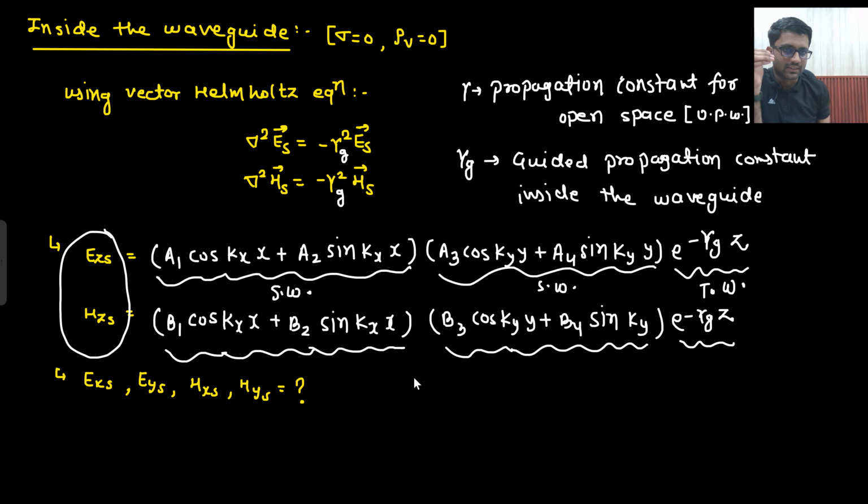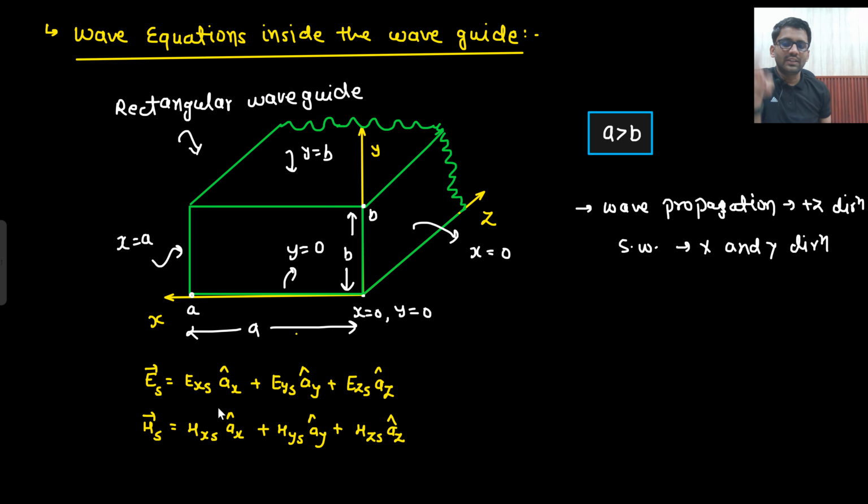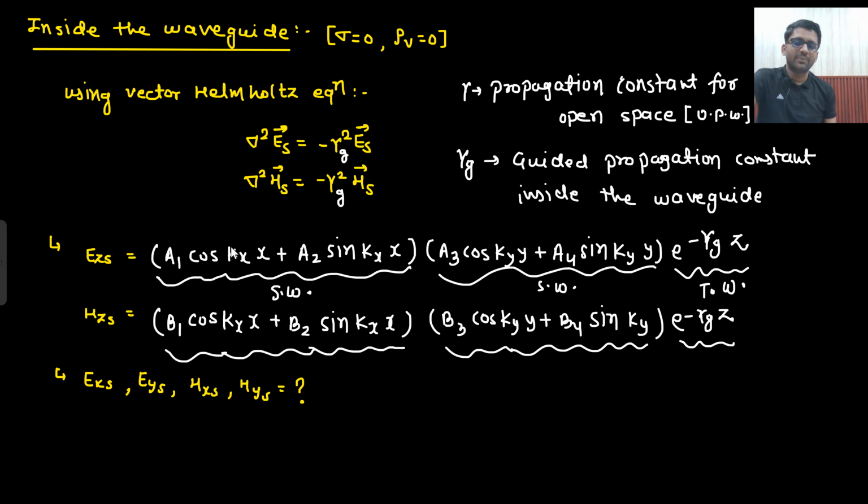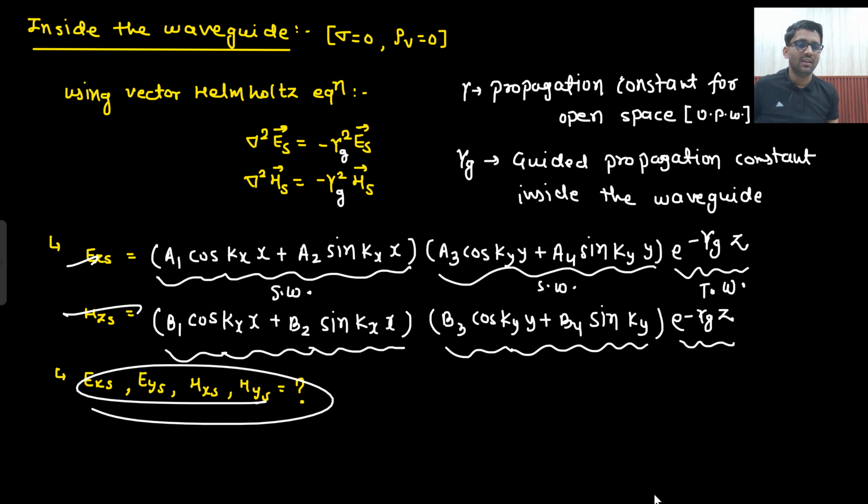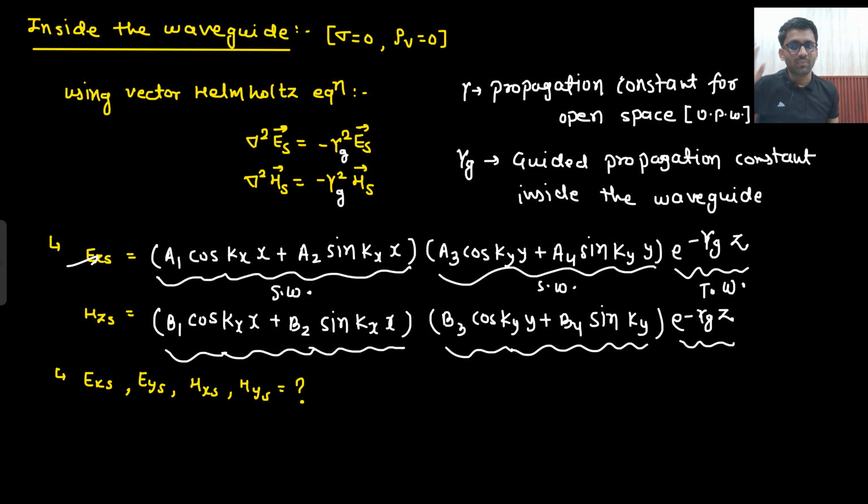Using EZS and HZS, we need to find EXS, EYS, HXS and HYS, because our electric field can be in X, in Y, in Z. Same goes for the magnetic field. The Z expression we have found, but how did we get it? No use. Now using these two, we will find the others. How we will get it? No use, but what is the final result?